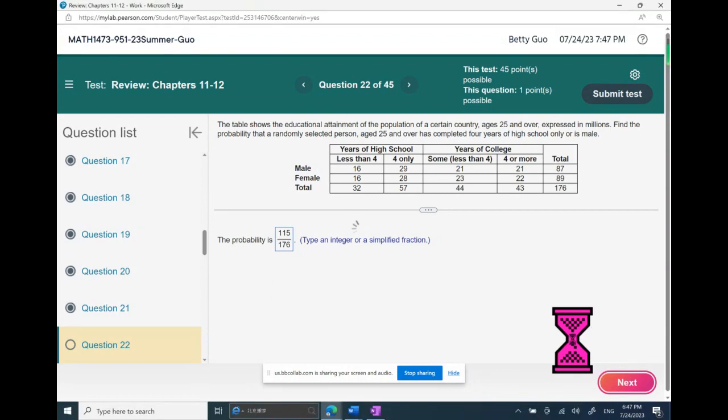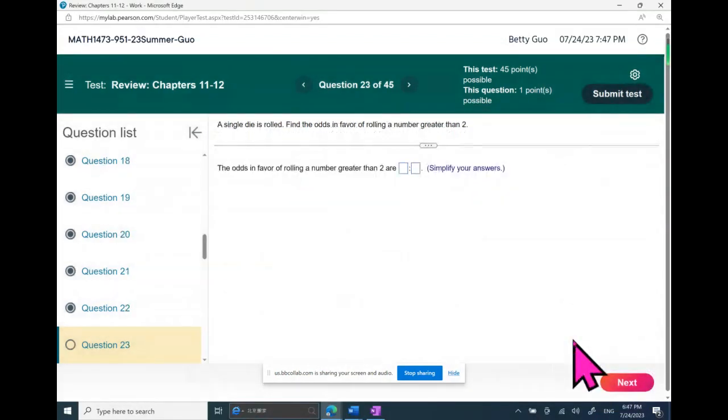Okay, next. A single die is rolled. Find the odds in favor of rolling a number greater than 2. In favor. Okay. So remember, odds is different from probability. Probability is a number between 0 and 1, bigger than or equal to 0, less than or equal to 1.